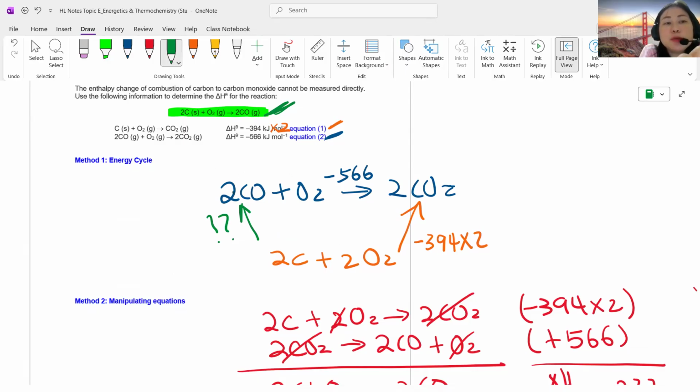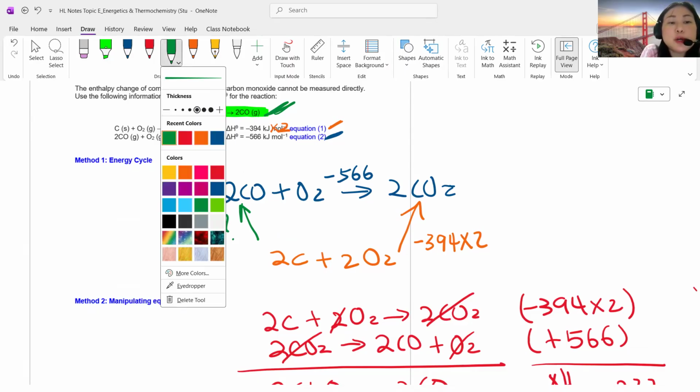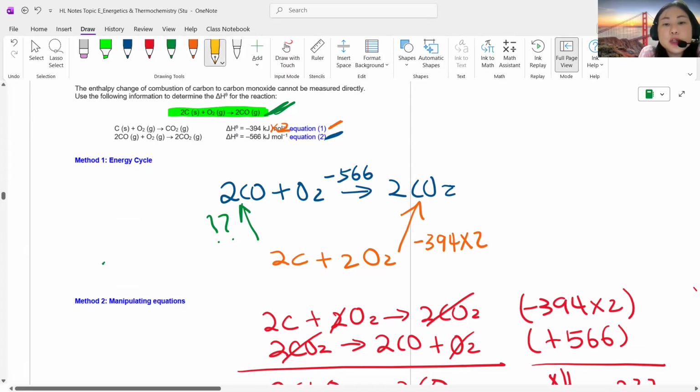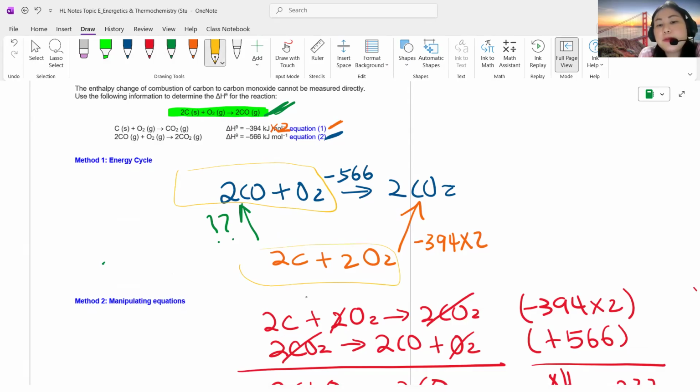All right. So if you want, you can double check whether your equations are balanced. How? You take this part and this part. This is before the green arrow. This is after the green arrow, right? Before I have 2 carbon, 2 carbon. After, before I have 4 oxygen atoms. So 2 times 2, 2O plus 2O, so 4, balance.